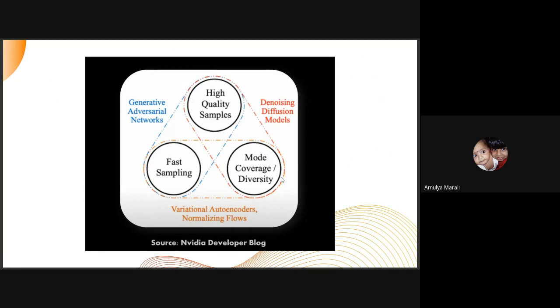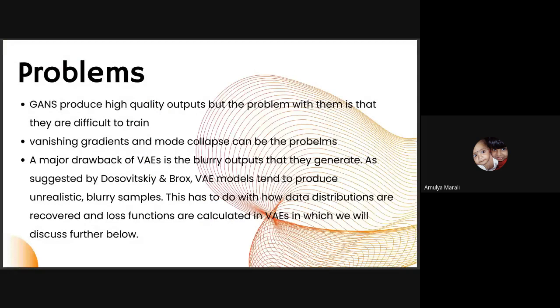And then denoising diffusion models again have high quality samples and mode coverage and diversity. But even after having such advantages, there are a few disadvantages that GANs and VAEs faced. That led to the discovery of diffusion models. So let's understand the problems.